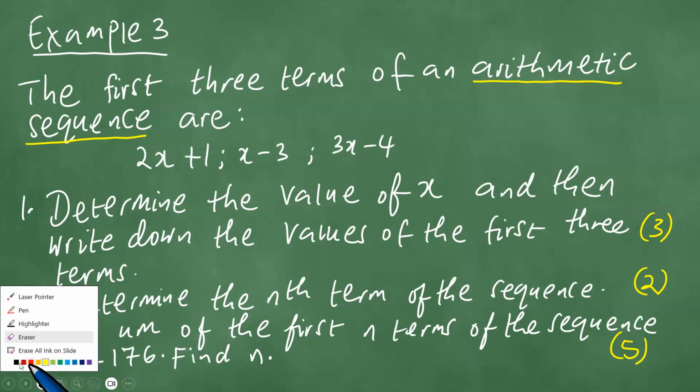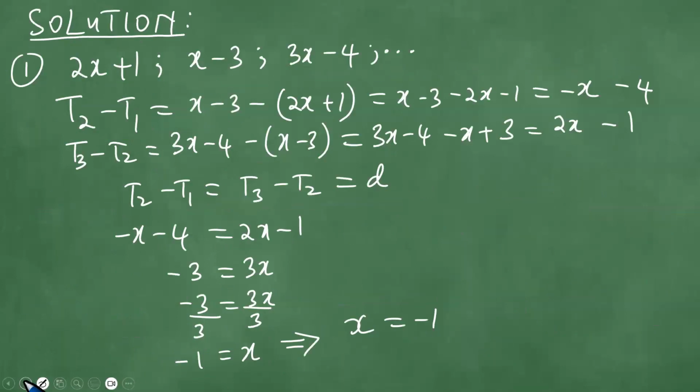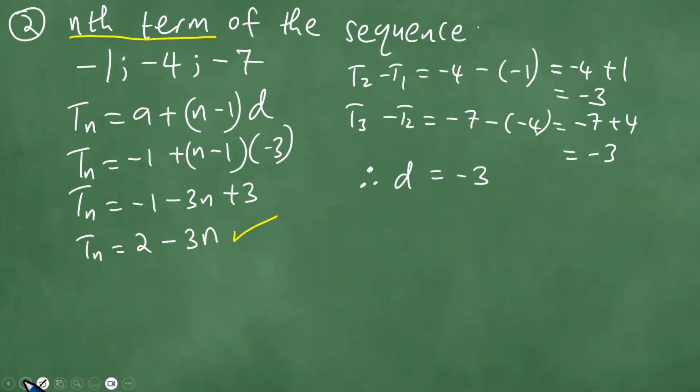We're looking at the next question. The sum of the first n terms of the sequence is -176. Find n. So in number 3, they're telling us that if we add all of the first n terms of the sequence, the sum is -176.